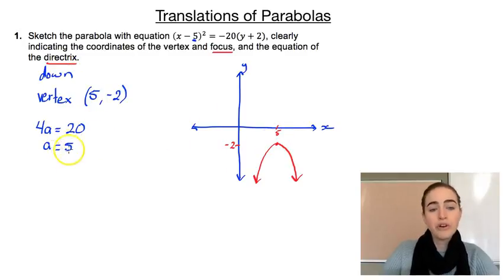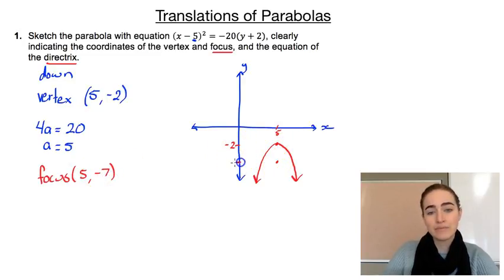So if the focal length is 5, that means that our focus is going to be 5 units straight down from there. So the focus is still going to have an x coordinate of 5, but it's going to move down 5 units. So we were at minus 2, now it will be at minus 7. So that there, the focus, has (5, minus 7) as its coordinates.